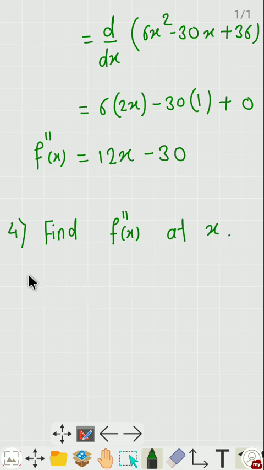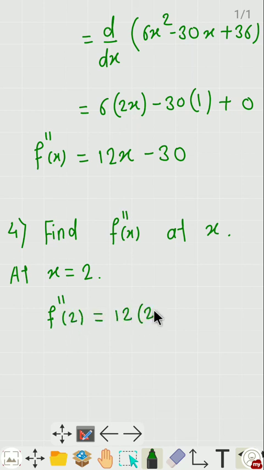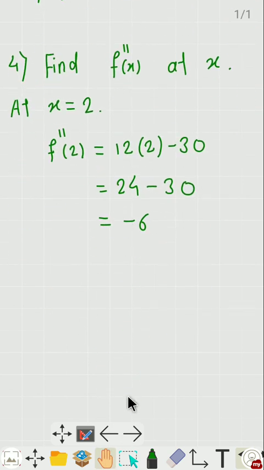So at x is equal to 2, f double dash at 2 is equal to 12 into 2 minus 30, and it is equal to 24 minus 30, which is minus 6. So in this case, what we got is f double dash at 2 is negative. Okay, negative means less than 0.